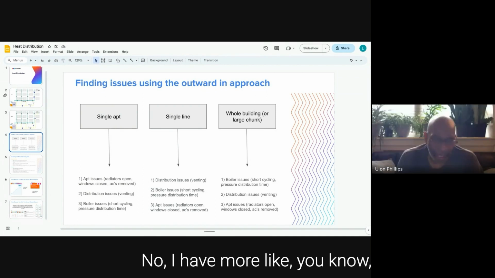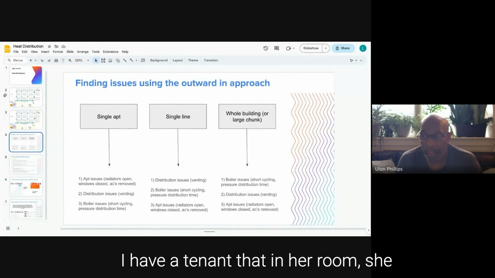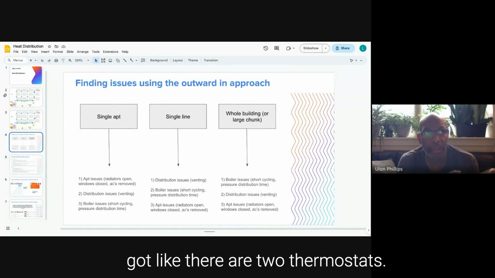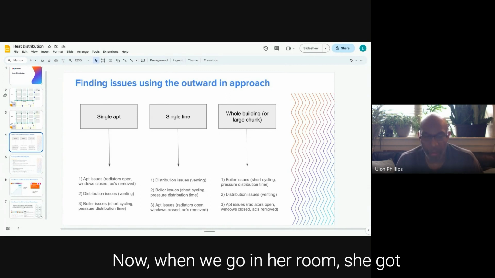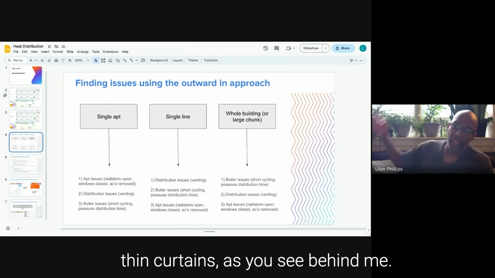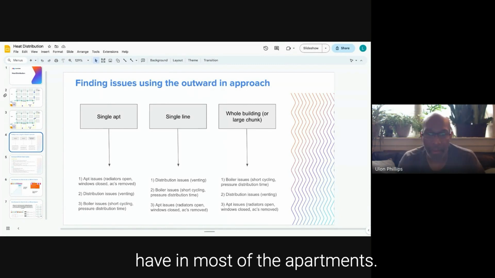No, I have more like what she was explaining. I have a tenant who has two thermostats, one in the living room and one in her room. When we go in her room, she has thin curtains, as you see behind me. This is the typical window that we have in most of the apartments.